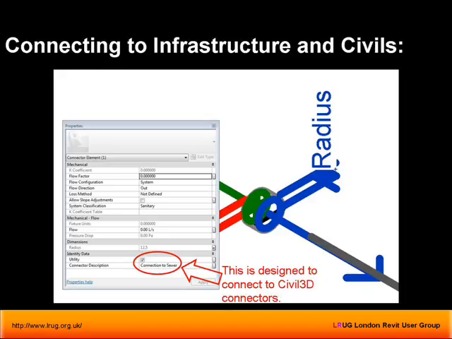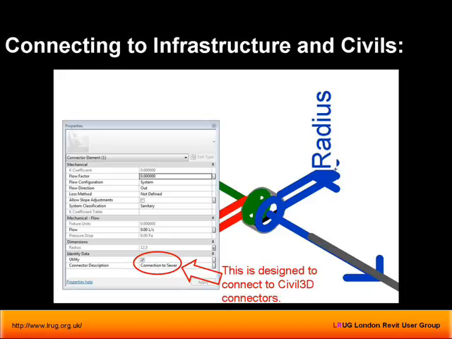Finally, I've rattled through this at an amazing speed. Connecting to infrastructure and civils is actually really quite easy. It's only a single slide. All you need is a little cap on the end of your run. You put a connector on the end of that cap and tick the utility box.